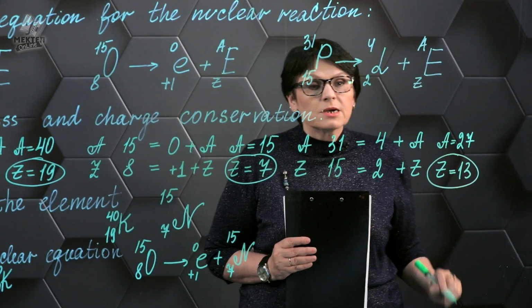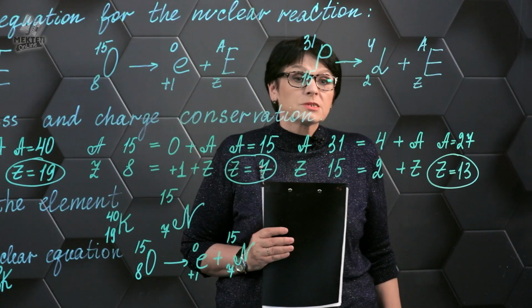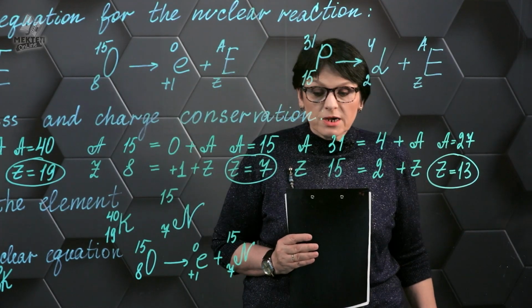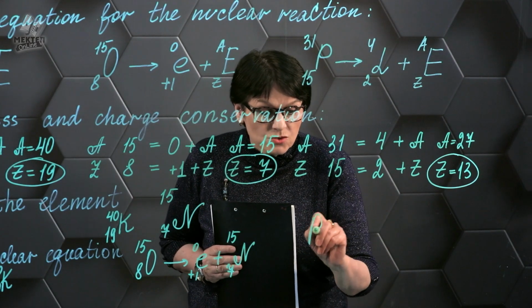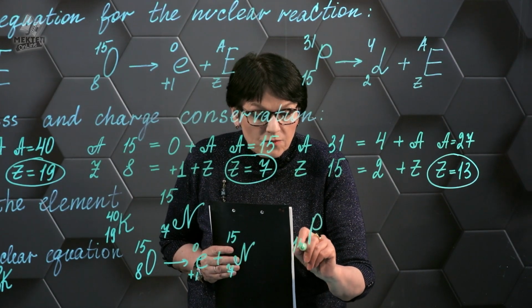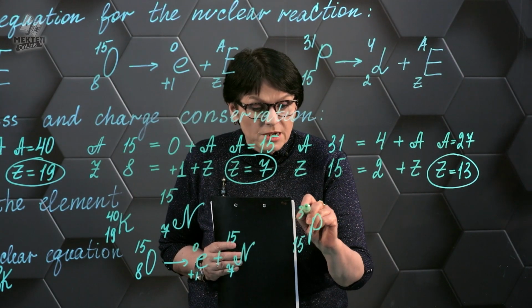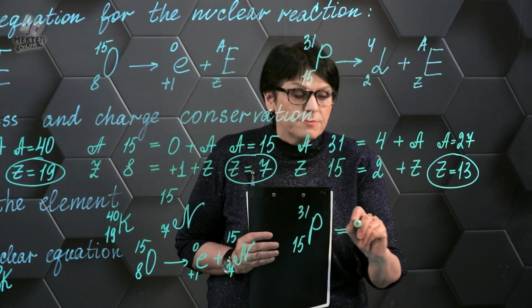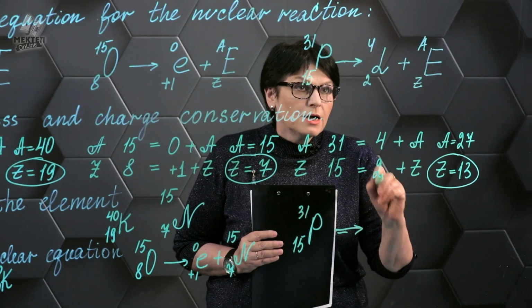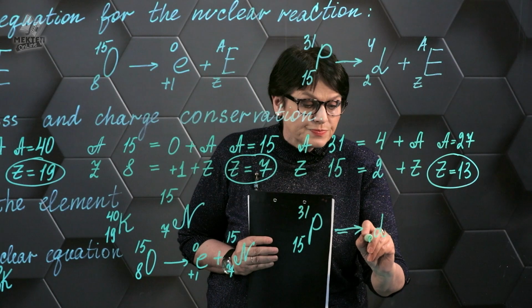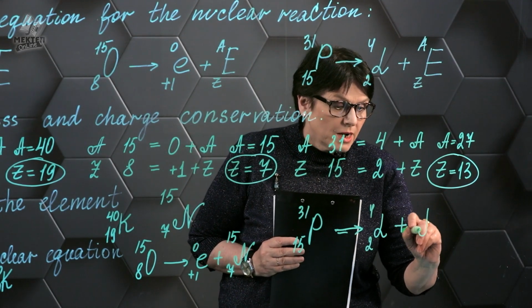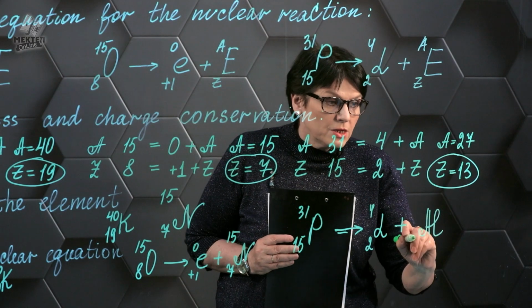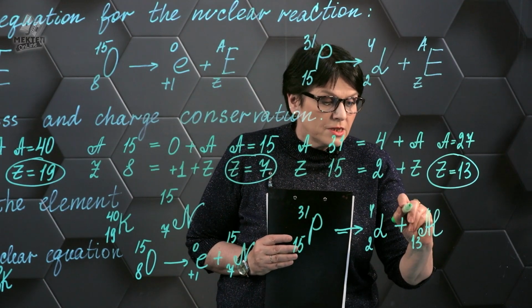And since the number is the most important thing for identifying our unknown element, we have to write down the equation. So phosphorus with number 15 and mass 31 in alpha decay is turned into the element aluminum, with number 13 and mass 27.